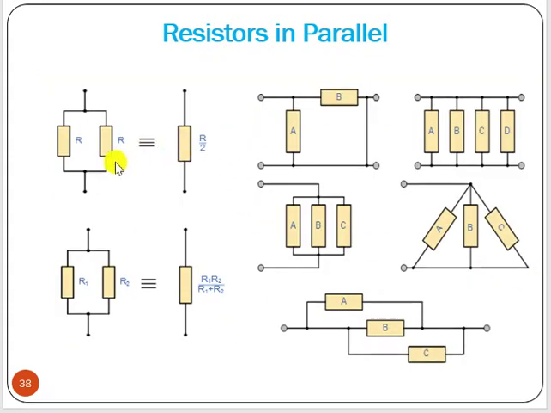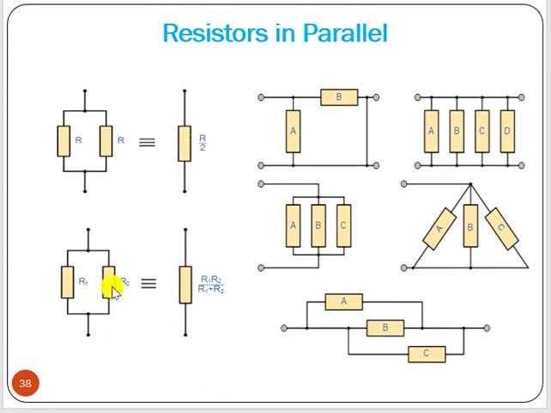This is for two resistors in parallel: R1 into R2 divided by R1 plus R2. For two resistors in parallel with the same value, it is R into R, R squared by 2R, that is R by 2. So whenever two equal resistors are in parallel, the effective resistance is half.